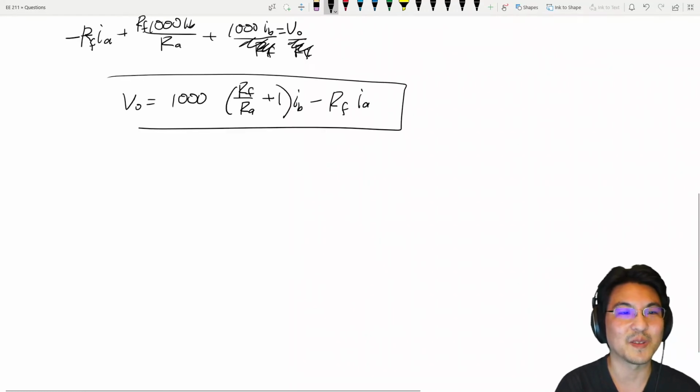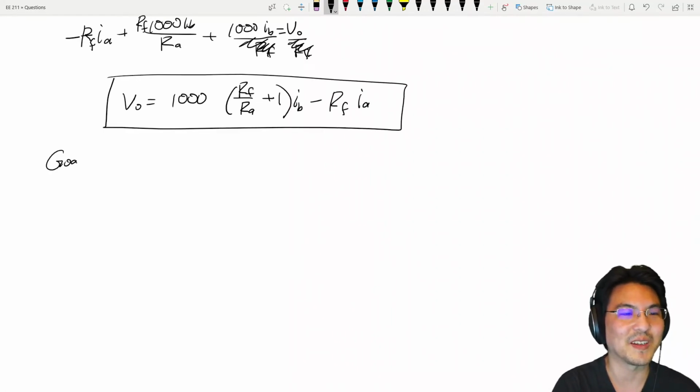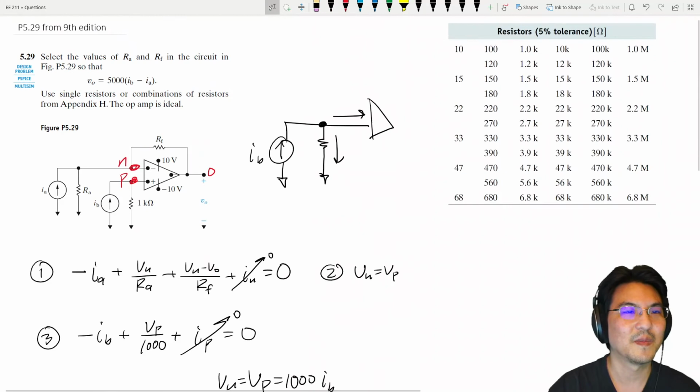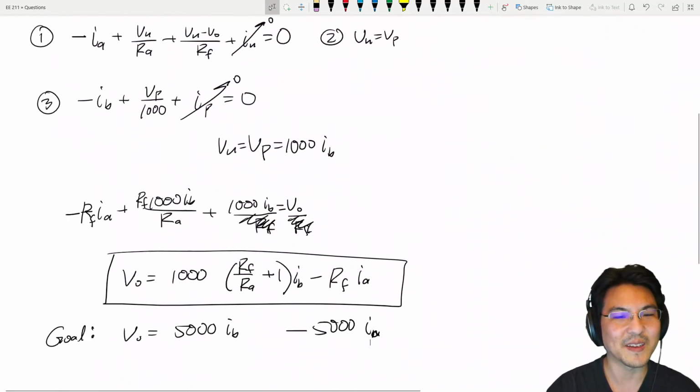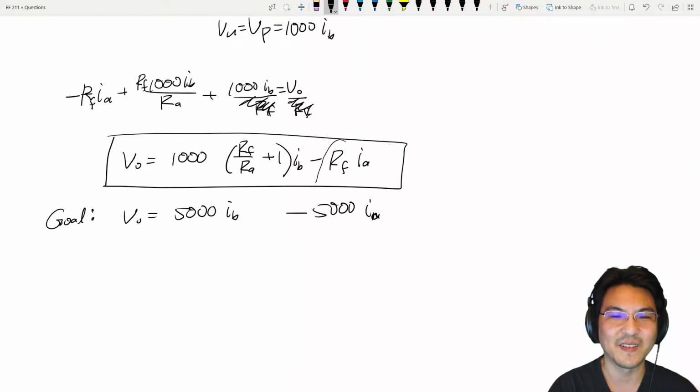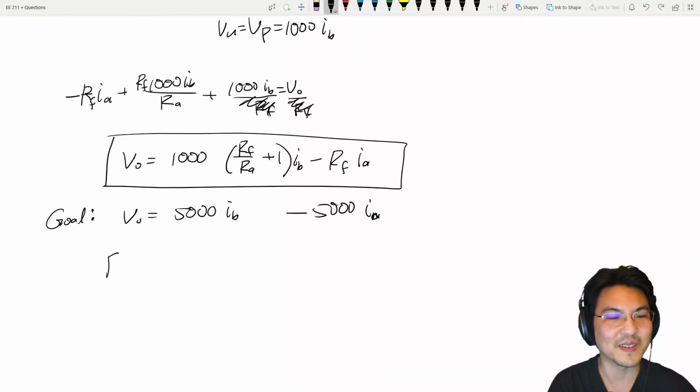So this is from the circuit, and then what we're trying to get is 5,000 IB minus 5,000 IA. Right? So already, if you compare, RF has got to be 5K, so that was easy.